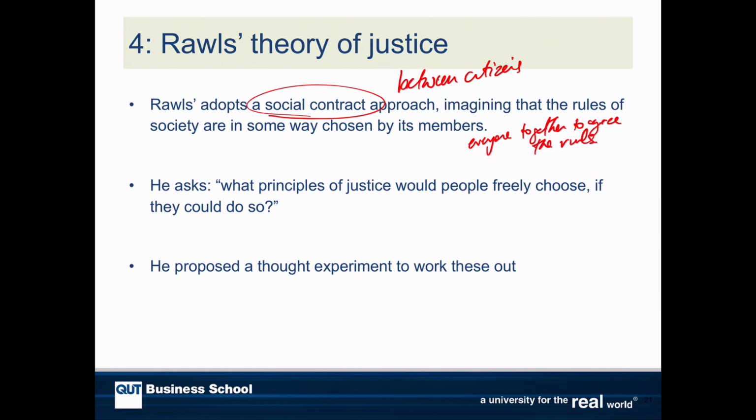And he says, well, if we did that, what principles would people choose? So again, you can see the importance of thought experiments in moral philosophy to helping us think about different states or different systems that we might be able to put in place in the world.